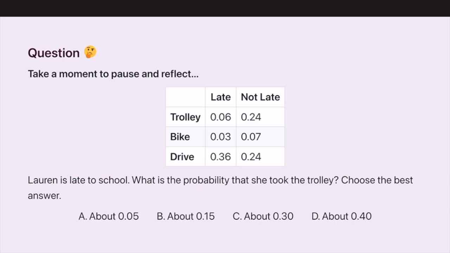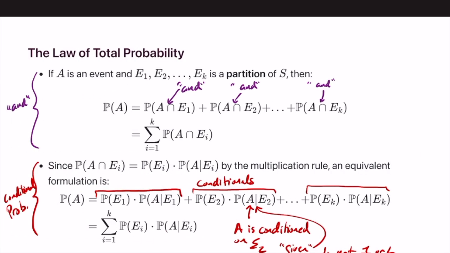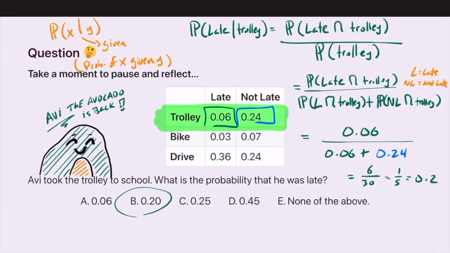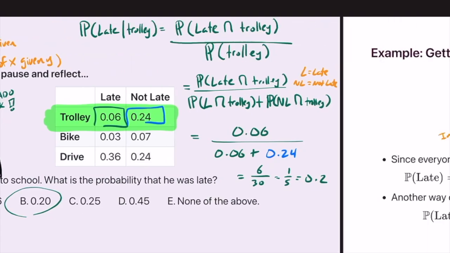Let's see. We know from, I believe, the last one we did, that the probability of being late, given you took the trolley, was 0.2.